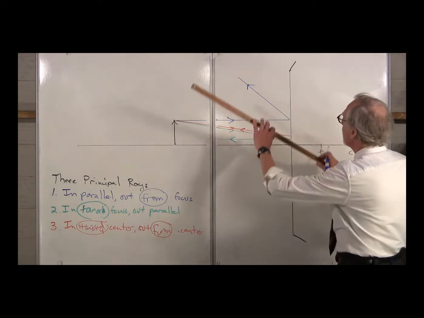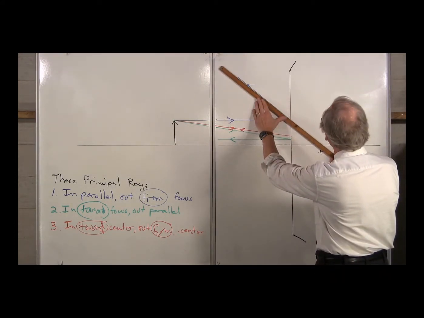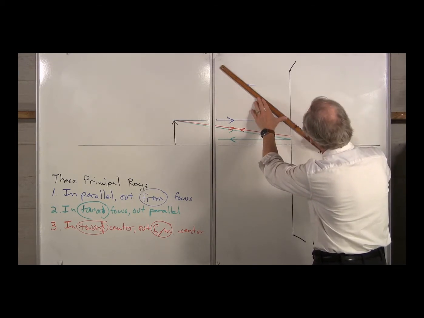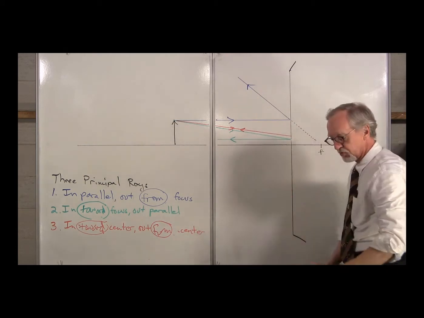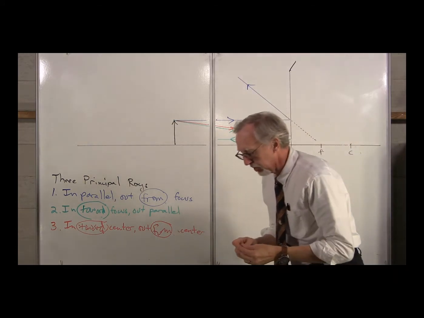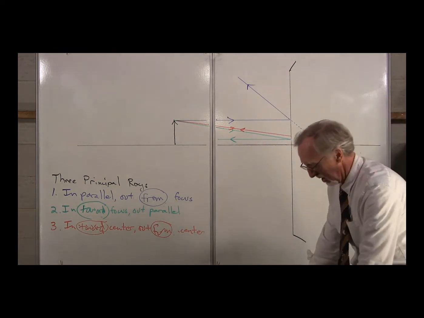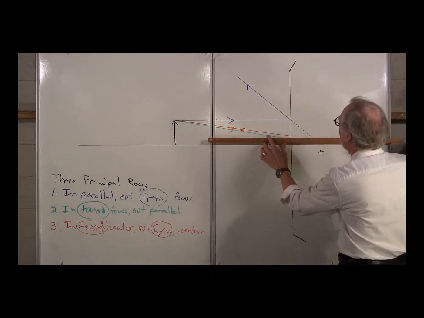So I'm going to draw this reflected blue ray back toward the focal point. I'm going to dot that. I'm going to draw the reflected green ray back parallel.